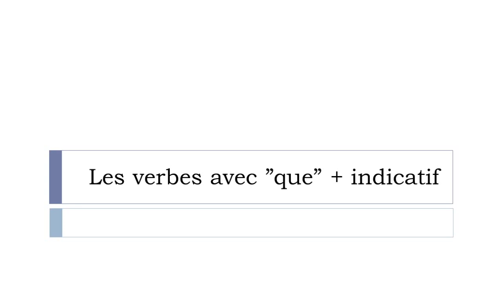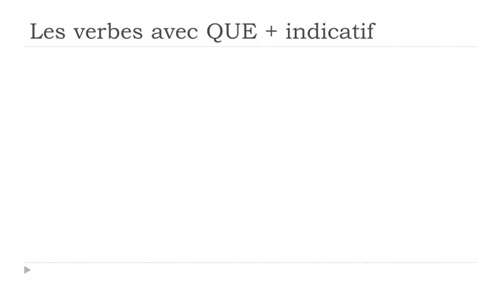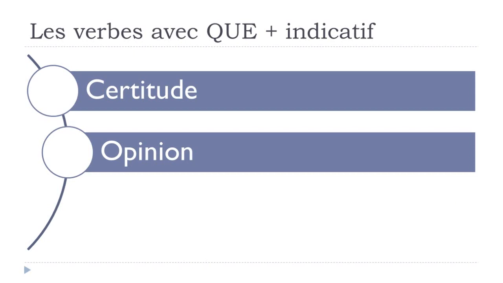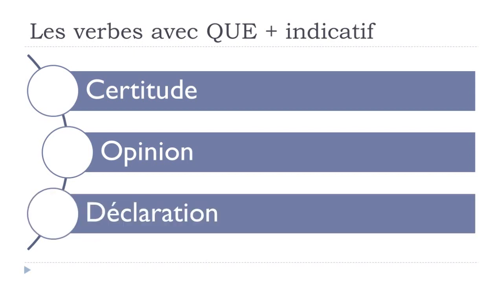So we'll see in this video what category of verbs will be constructed with que and followed by l'indicatif, okay? These verbs normally will express la certitude, l'opinion, or la déclaration. Certitude, when you are certain or sure about something, l'opinion, when you express your opinion, your point of view, and la déclaration, if you want to declare something.